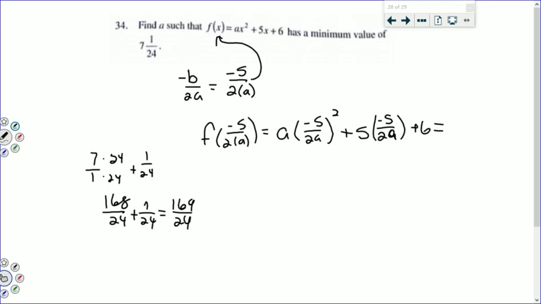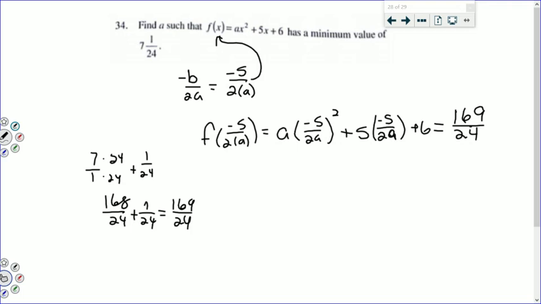So we want this value, this is our function evaluated there. We want that to equal 169 over 24. Okay?